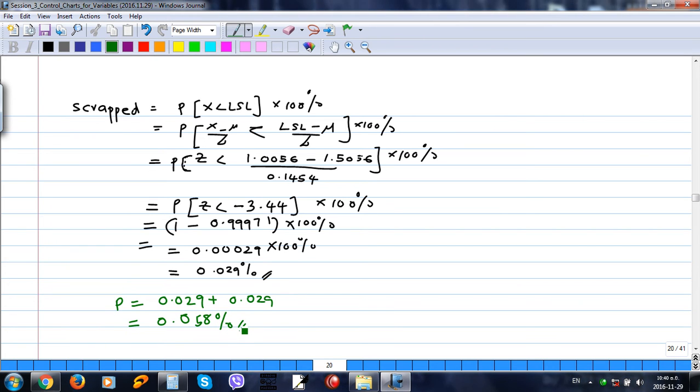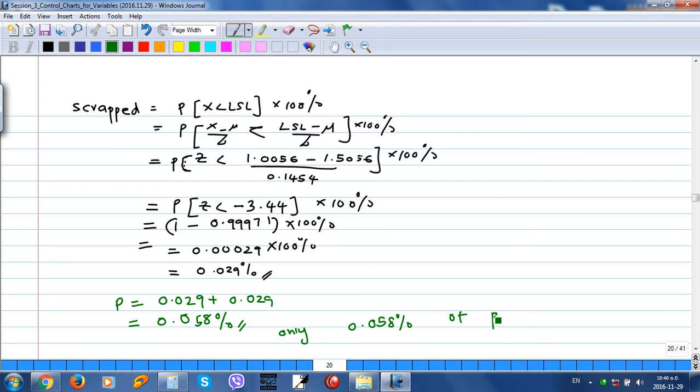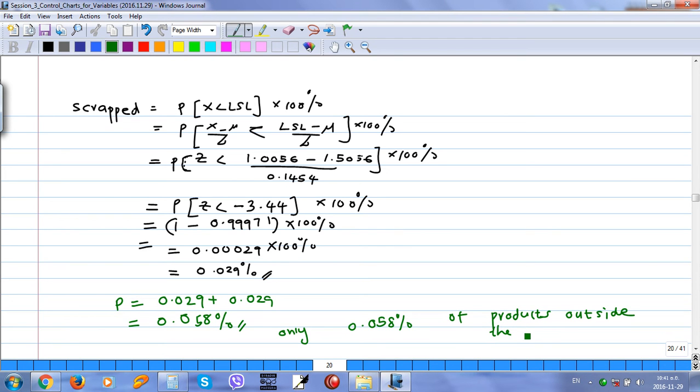This percent is not in the specification limit, but that is good, no? It means only 0.058% of products are outside the specification limits.